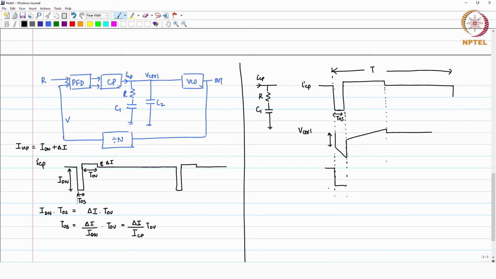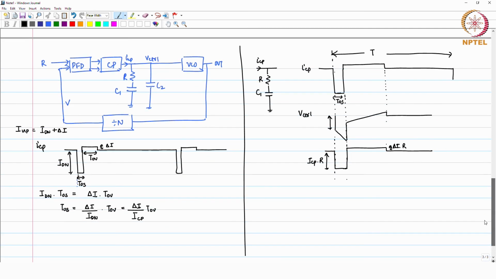ICP is minus I down R, and then you have ICP times R, this is the jump. I can write this as simply ICP times R, and this value is delta I times R. So, this is the control voltage jump.